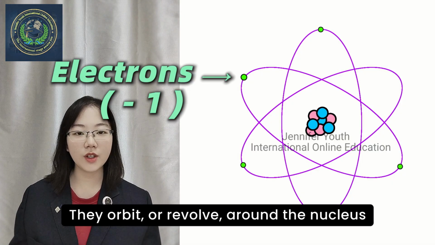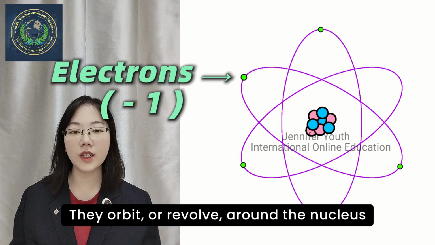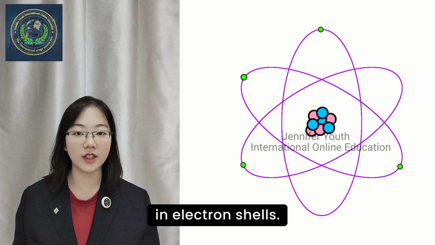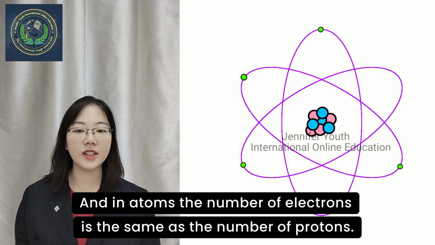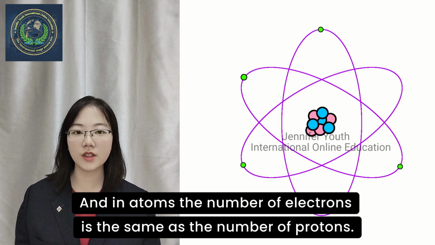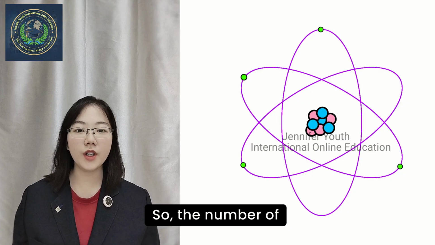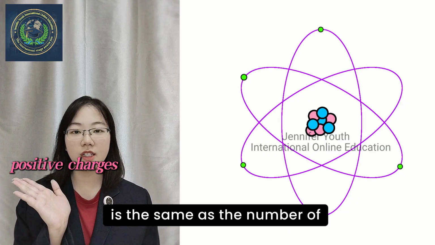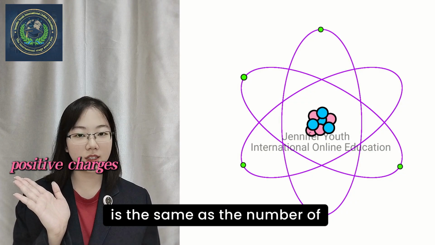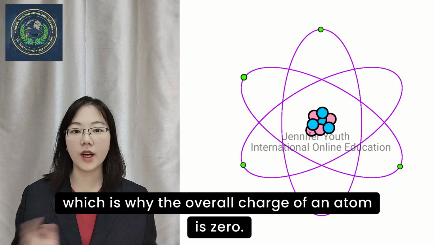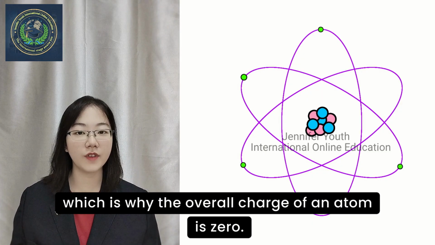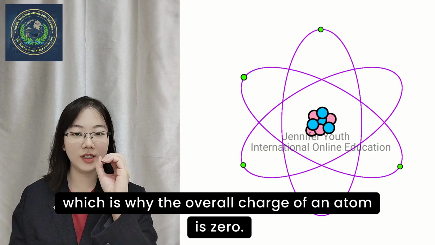They orbit or revolve around the nucleus in electron shells. And in atoms, the number of electrons is the same as the number of protons. So, the number of positive charges is the same as the number of negative charges, which is why the overall charge of an atom is 0.